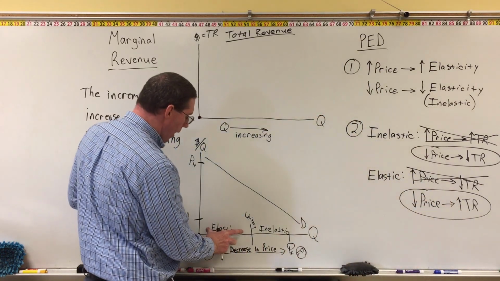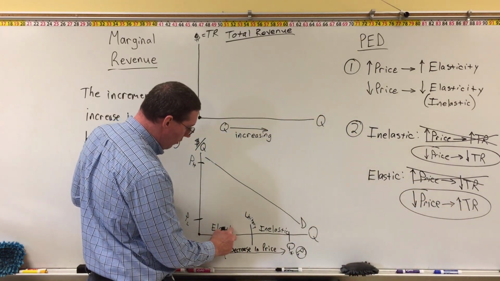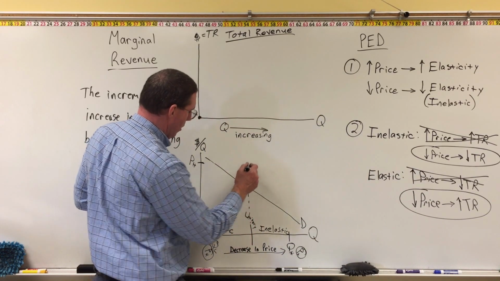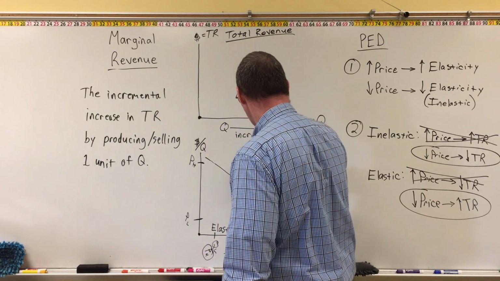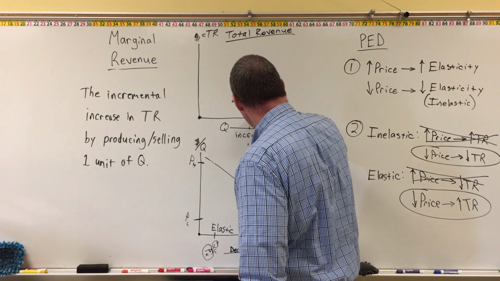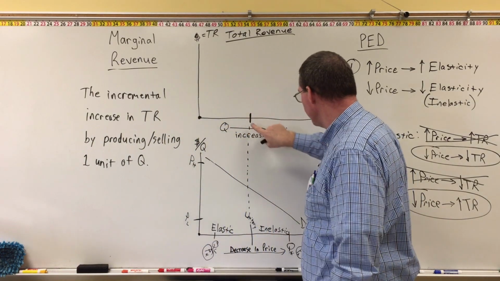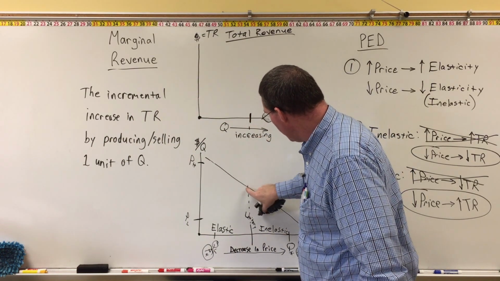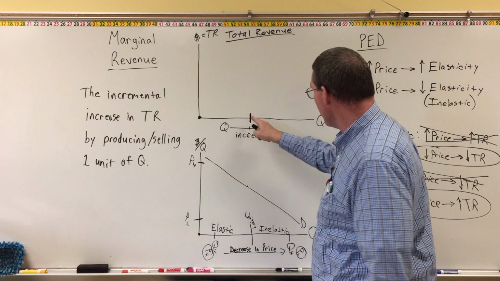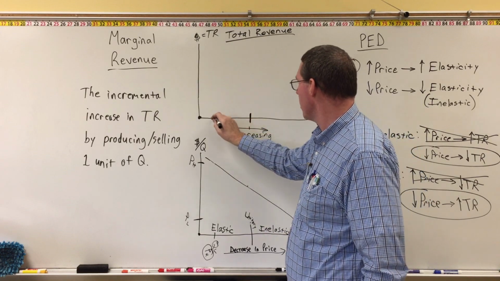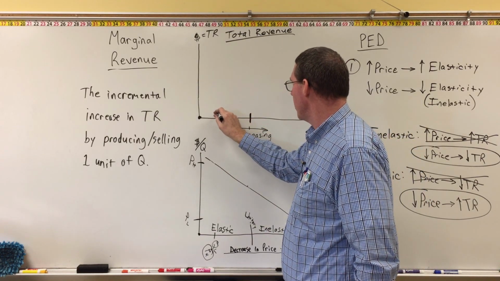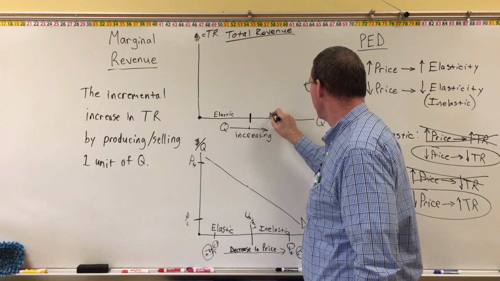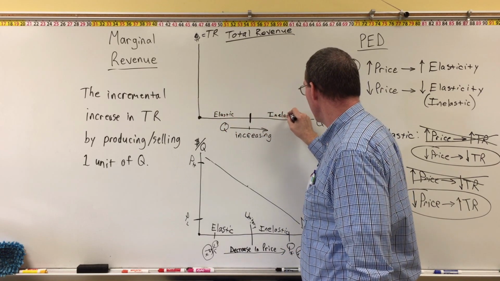So I'm going to draw a dotted vertical line. Here's what you need to understand: leading up to this line right here, demand is elastic, and over here, demand is inelastic.